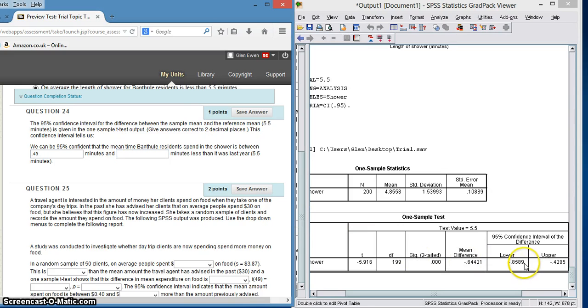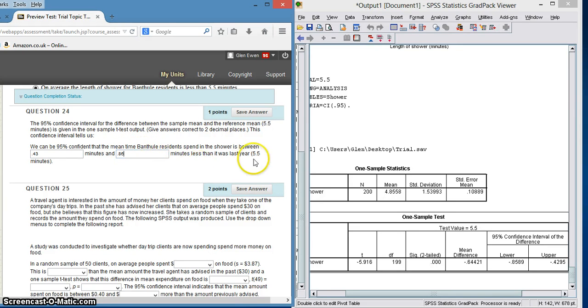And the other one is 0.86. Oops, not 6. Okay, we'll check our rounding. All right, happy with that? We put between 0.43 and 0.86 is the range that we're happy that somewhere between there is the true mean out in the population.